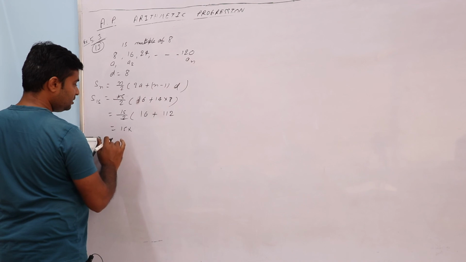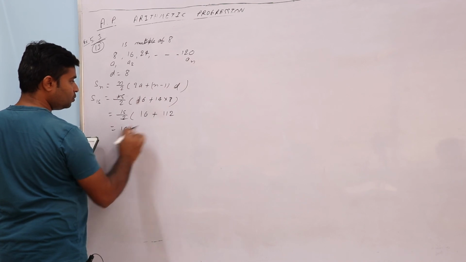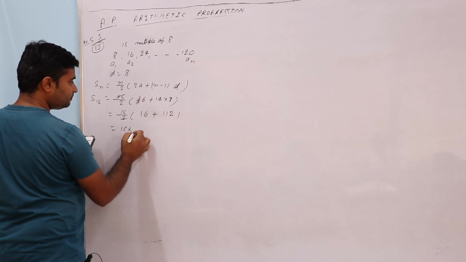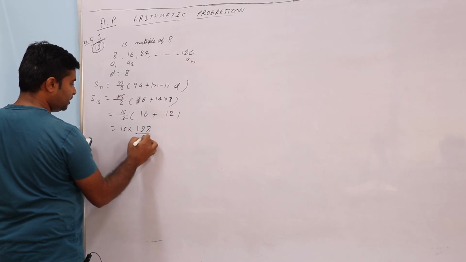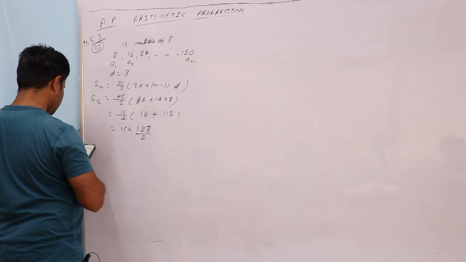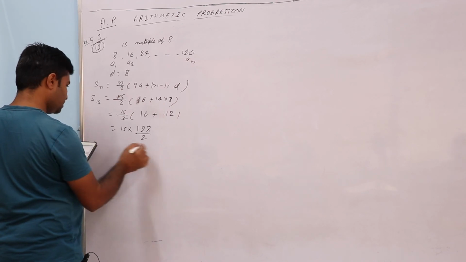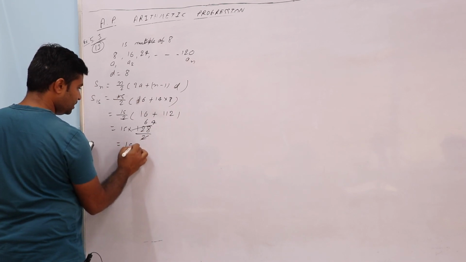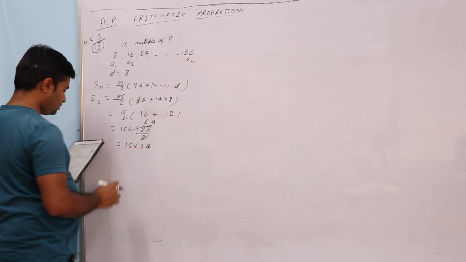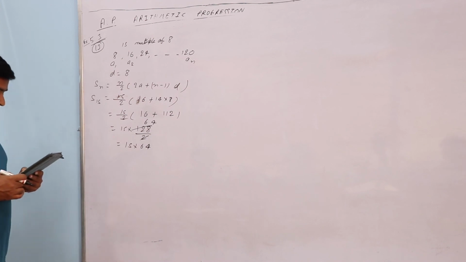So 15 by 2 into 128, that is 15 into 64. How much will we get?